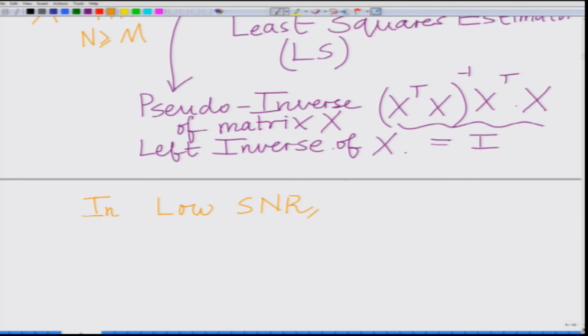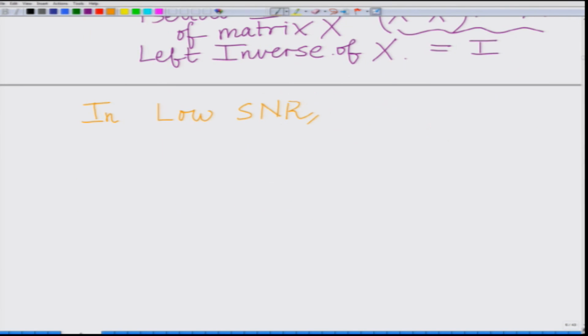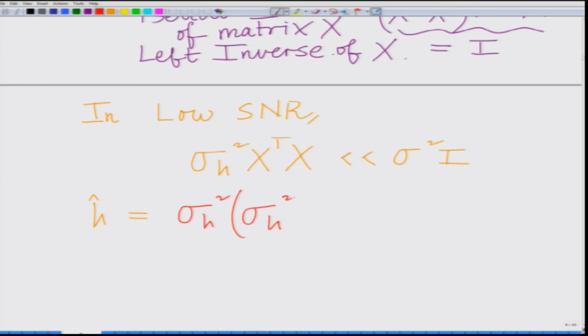in this case the signal covariance will be very small compared to the noise covariance, that is sigma h square x transpose x is much smaller than sigma square times identity. Therefore, if you observe closely, h hat is sigma h square times x transpose x plus sigma square identity, inverse, times x transpose y.